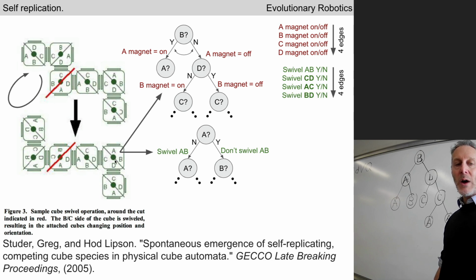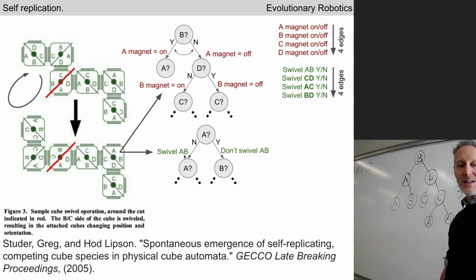But now, when the square has finished descending through this tree, it starts descending through the second tree inside itself. So in this case, the robot asks, is there a neighbor on my A side? The answer is no, so it follows the no edge. And in this case, as it goes from the top of the tree to the next layer down in the tree, instead of changing the state of its magnets, it either swivels or doesn't swivel its motor.